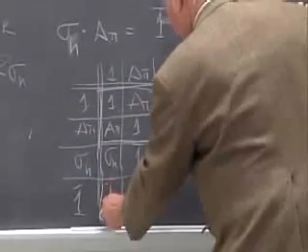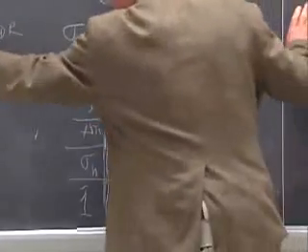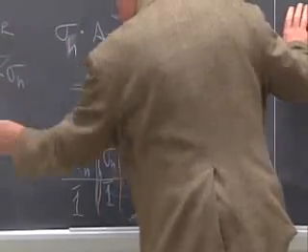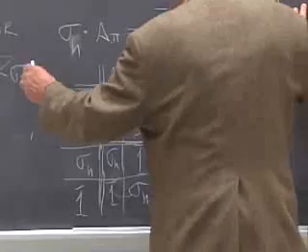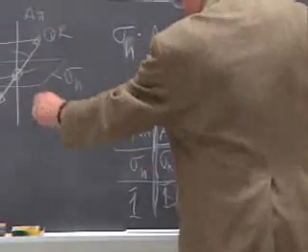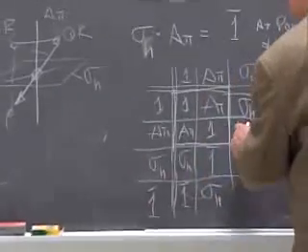So 1 followed by inversion is inversion. A pi followed by inversion is the horizontal reflection. Horizontal reflection followed by A pi is the same as inversion.